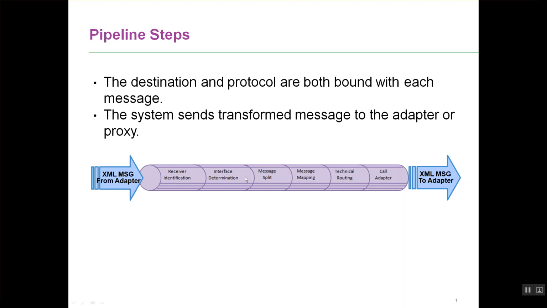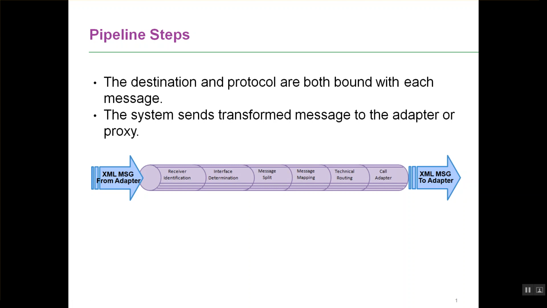This is not a mandatory step. Depending upon your interface determination configuration, if a message split is required, the message split will occur. But if there's no message split required, from the interface determination you will directly go into the mapping execution, where your actual mapping is going to get executed.